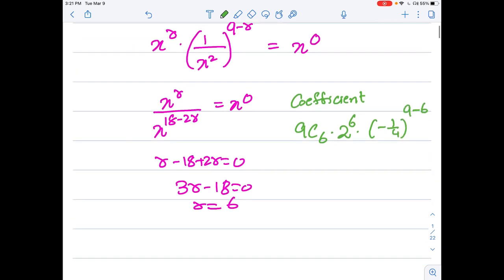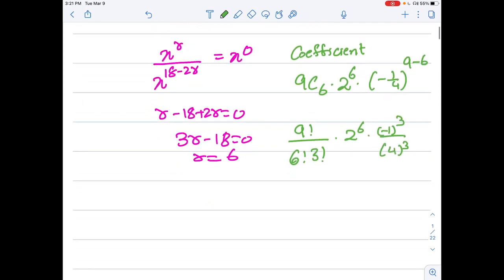So I try to simplify it out. 9 factorial upon 6 factorial, 3 factorial, 2 power 6 times (minus 1) to the power 3 and 4 power 3. So 9 factorial and 6 factorial, 9 times 8 times 7. You can use the calculator, but just for the sake I'm doing it out. 3 factorial is 3 times 2 times 1, 2 power 6 times minus 1, and 4 cube is also 2 power 6.